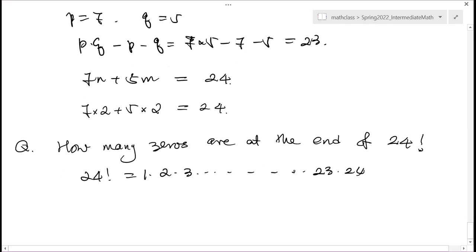Can you figure it out? I'll give you a half minute to think about it. Anyone has answers?